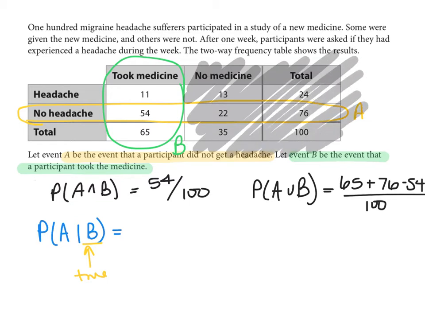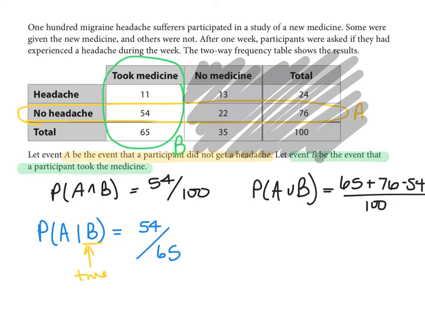I don't care about this part where they didn't take medicine because I already know they took it. So the probability of A, they don't have a headache, knowing that they already took the medicine, is 54, but this time it's out of 65 because I only care about the number of people that took the medicine.